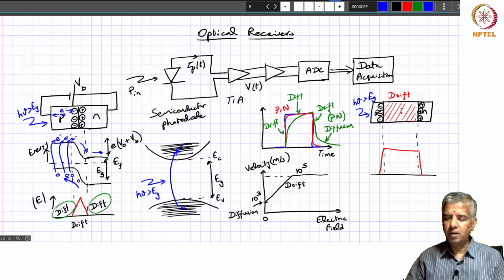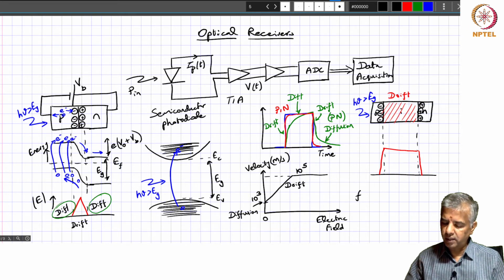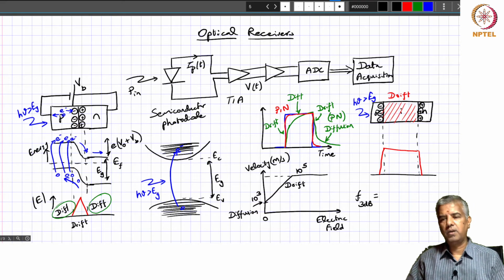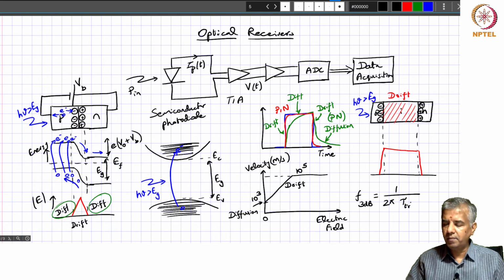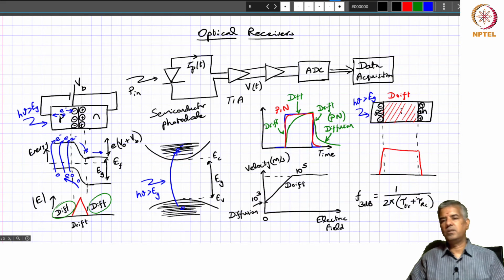So we can quantify all of this. We can quantify this in terms of the frequency response of this photodiode, and that, if you say the 3 dB frequency, which corresponds to the response of the photodiode where it goes down by 3 dB, or goes down by half the response that there was at lower frequencies, will correspond to a factor that you call the transit time, and you have what is called the RC time constant for this structure.